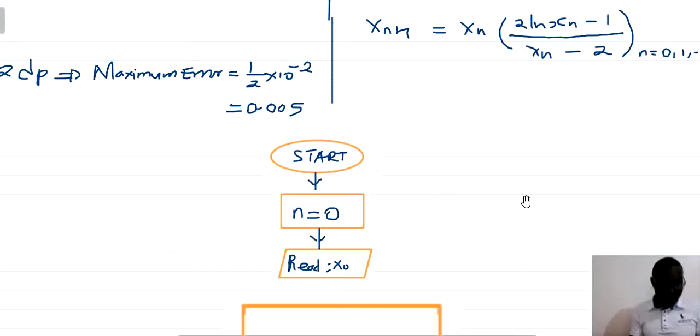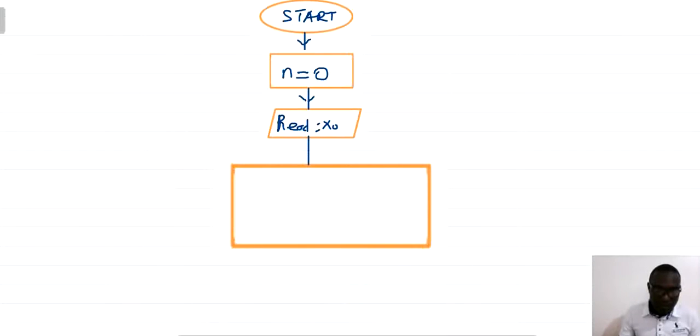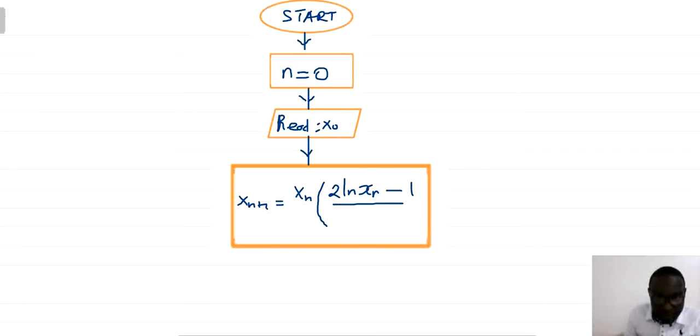So everyone should note it down. So I'm going to have that formula coming in this box here. So I'll have xn plus 1 being equal to xn into bracket 2 ln xn minus 1 divided by xn minus 2, right? Now we have computed the xn plus 1. For this case, if n is equal to 0, we are going to compute x1, all right?